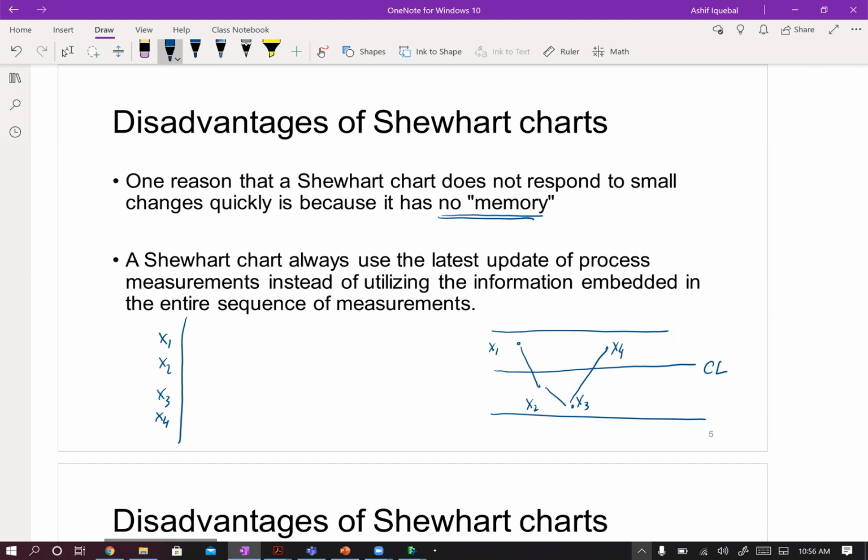I am independently plotting these values as I observe them. So a Shewhart chart always uses the latest update of process measurements instead of utilizing the information embedded in the entire sequence of measurements. This is called a no memory process.